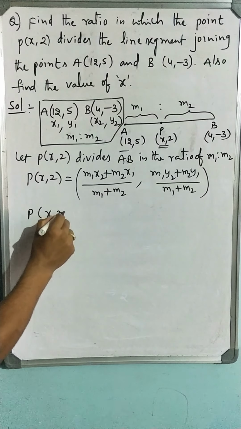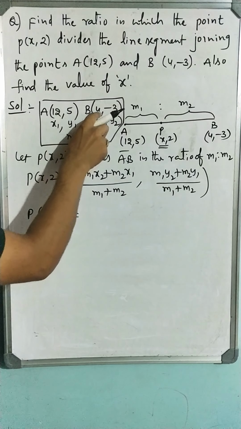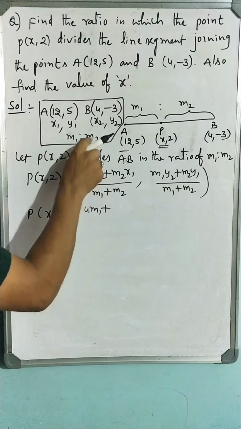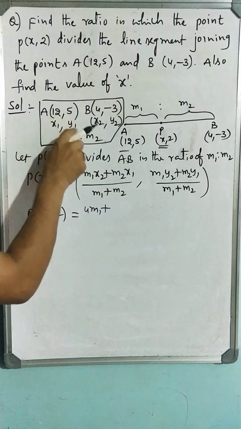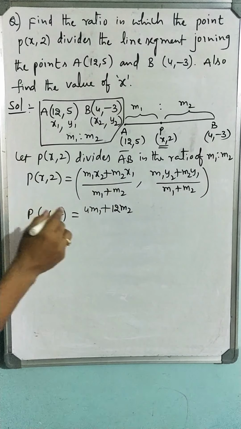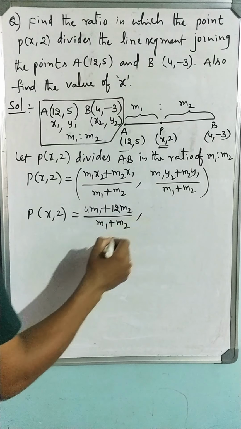The coordinates of P are: m1x2, that is m1 into 4, 4m1, plus m2x1, that is 12m2, by m1 plus m2.